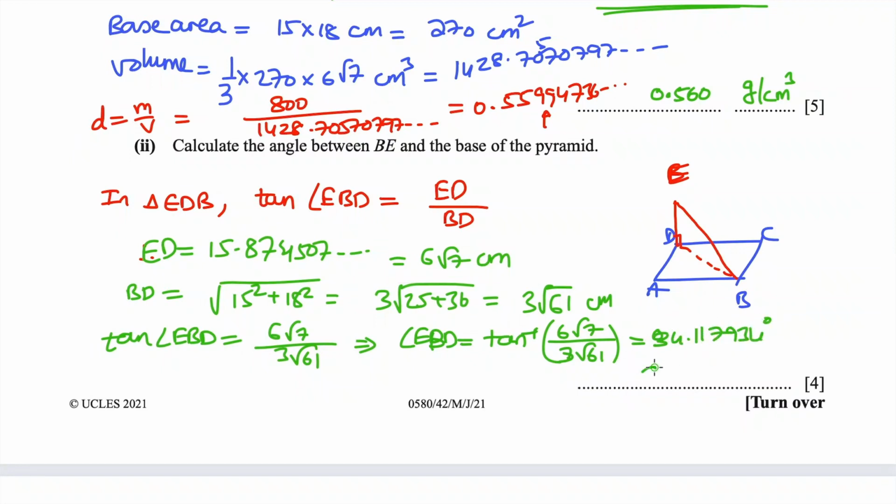And so the correct answer is 34.12 degrees. If I cut it to 2 decimal points, 34.12, because 7 is greater than 5, 1 will become 2, 34.12 degrees. This completes this question.